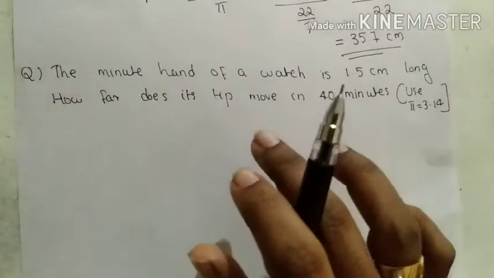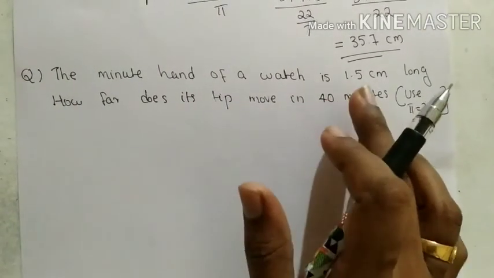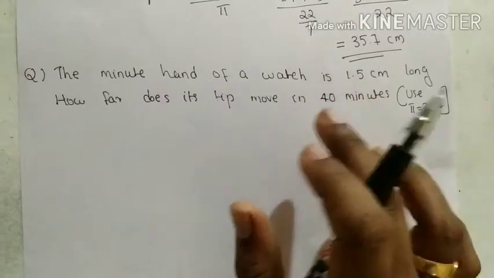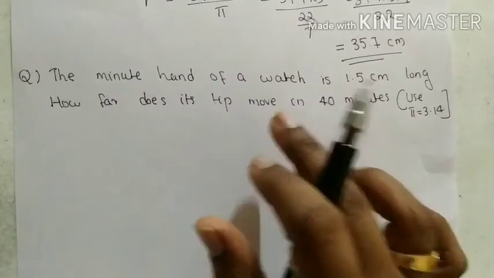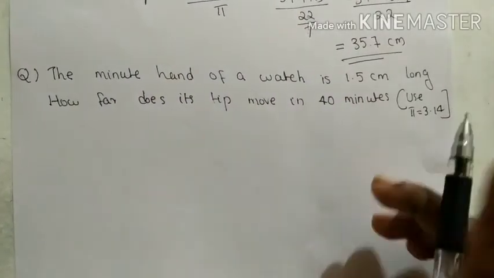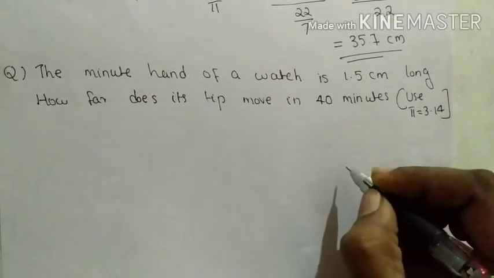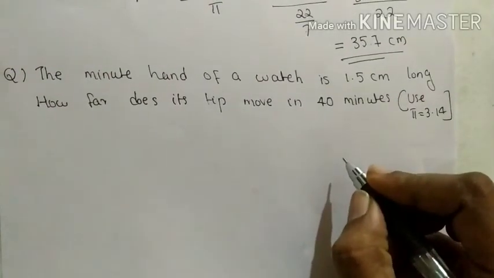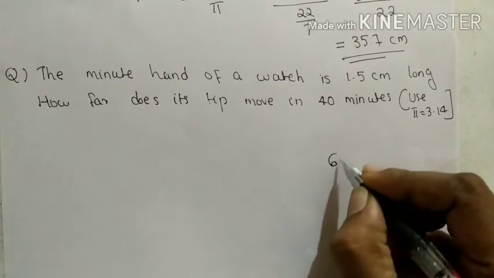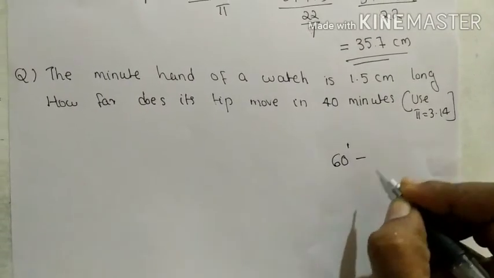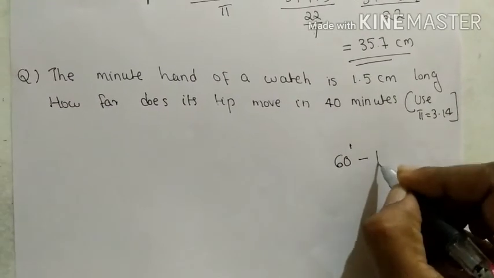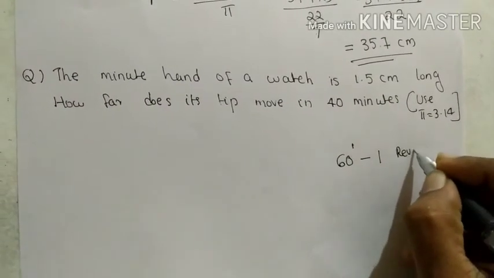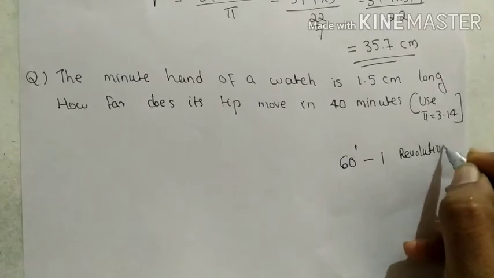In this question, the minute hand of a watch is 1.5 centimeter long. How far does its tip move in 40 minutes? Okay, so we know that in 60 minutes it completes one full revolution, right? So it completes one revolution.